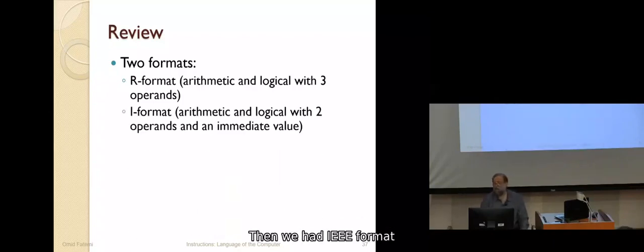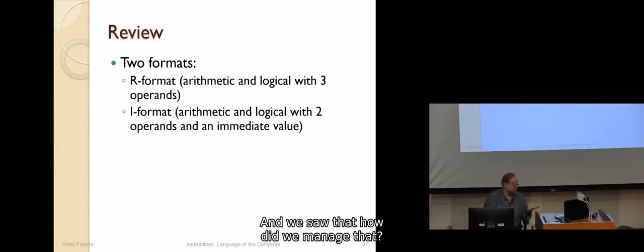Then we had the I format, the immediate format, where part of the instruction contains a constant, an immediate amount. And that was how many bits? 16 bits. So you see, in these instructions, we have already lost 16 bits, and only 16 bits are left for other things like the opcode and operands that we would like to have.